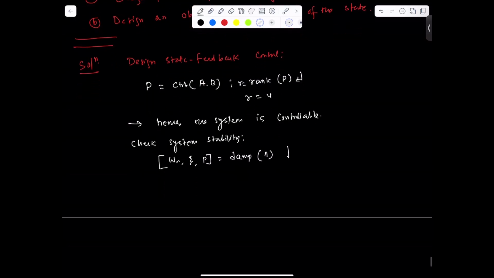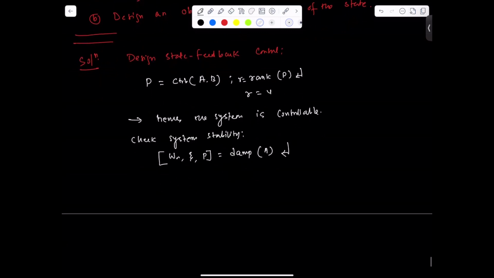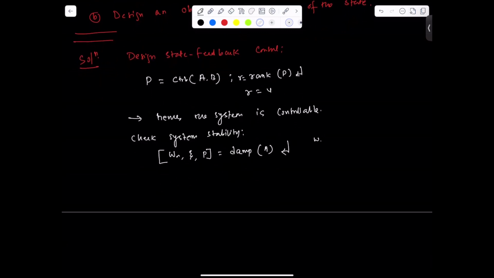If you enter this command in MATLAB, we get the values of omega n, zeta, and poles.